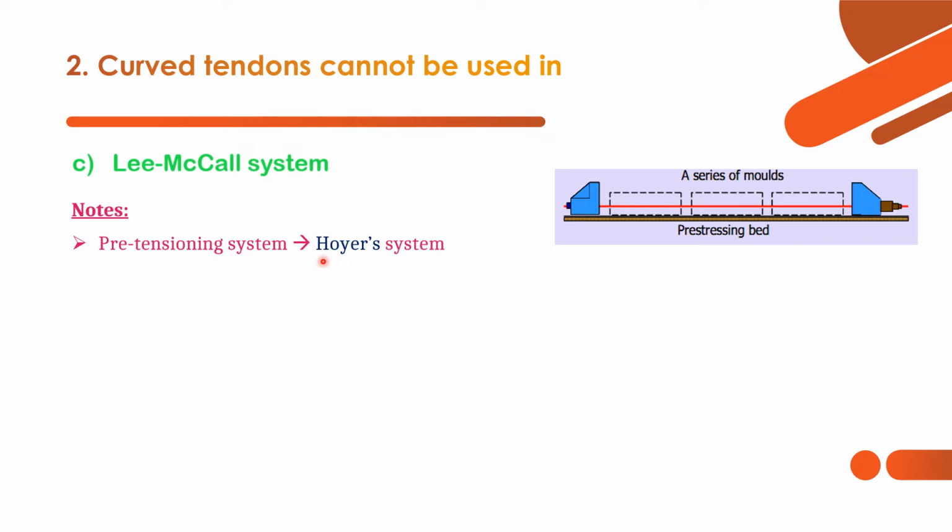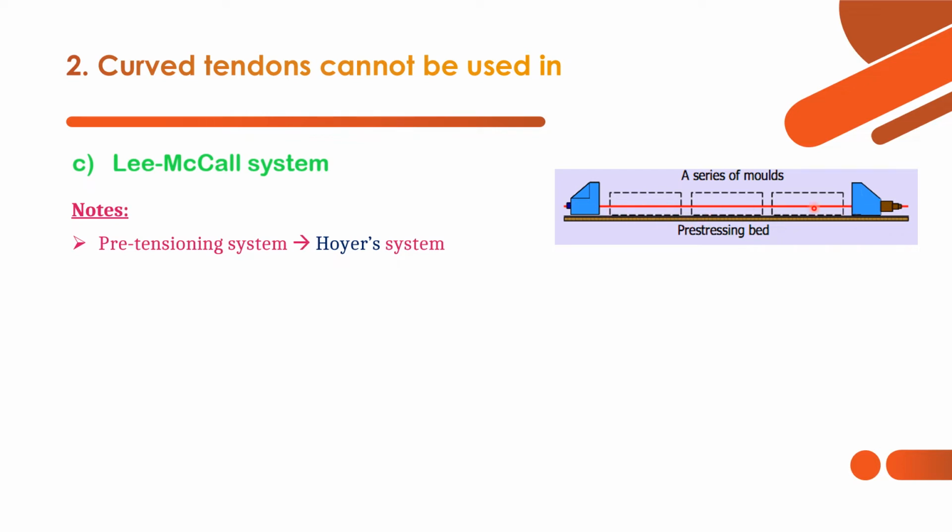For the pre-tensioning system, we are using Hoyer system. For pre-tensioning the wires, we are using Hoyer system. In Hoyer system, you can see this schematic representation. These are the concrete beams, and they will be lined together. And this is the tendon.